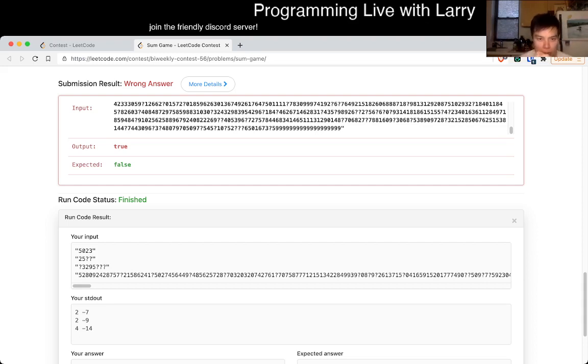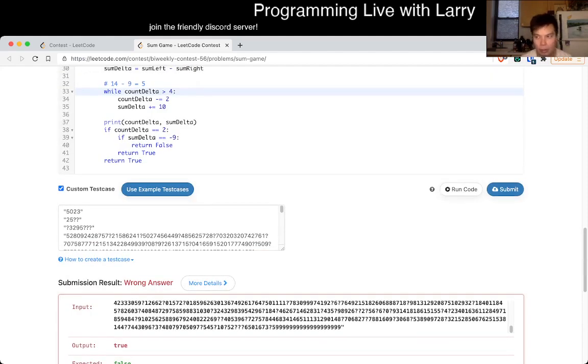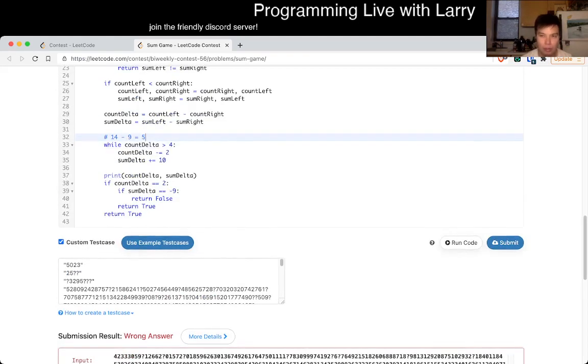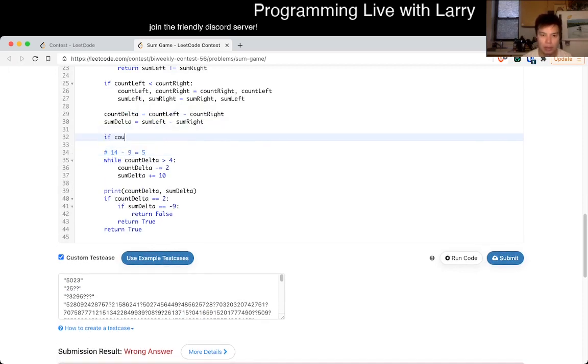So if 2 is -9, can we get to -9 to whatever, right? If count delta is odd, then we return false.